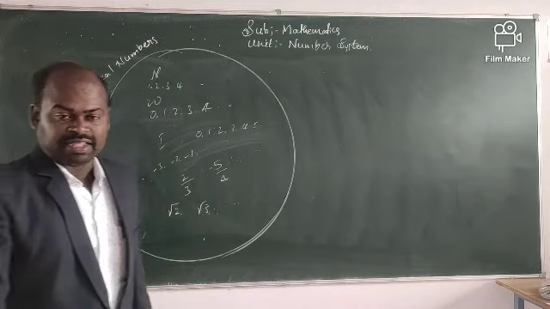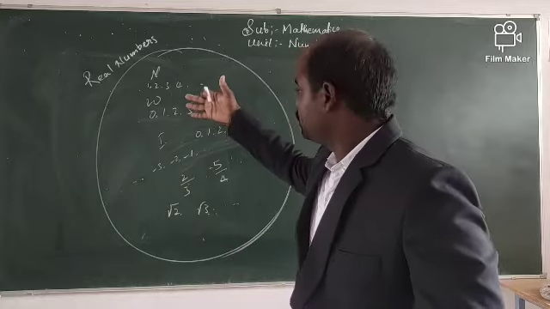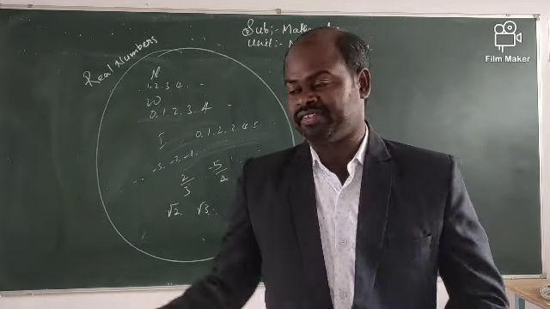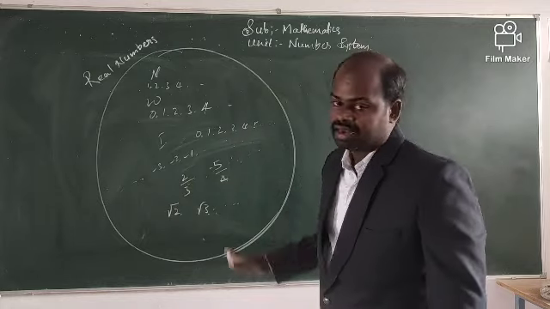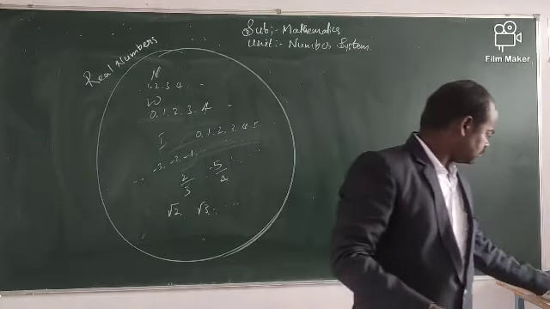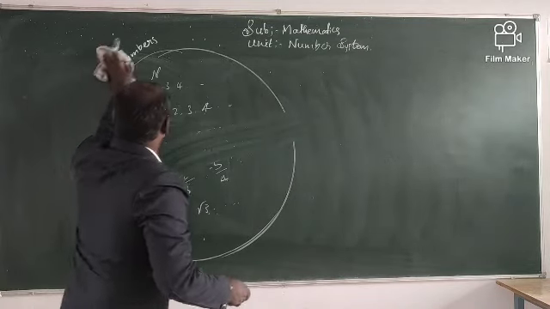Understand? That means real numbers are the set of rational numbers and irrational numbers together. Rational numbers means all numbers will come. This is what real numbers are. Understand?